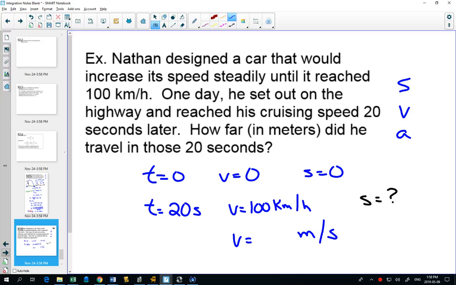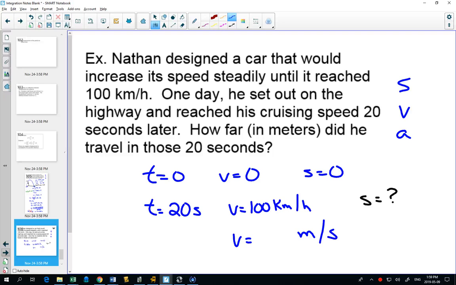Divide by 3.6. Okay, you've obviously done this before, because that would not be the natural thing that just comes to my head, oh, 3.6, right? But if you wanted to do it the longer way, you would have to say, well, there's 60 minutes in an hour and 60 seconds in a minute.